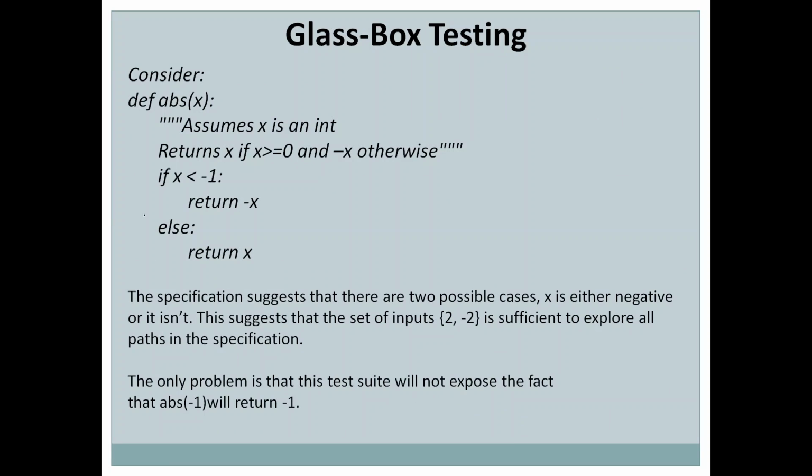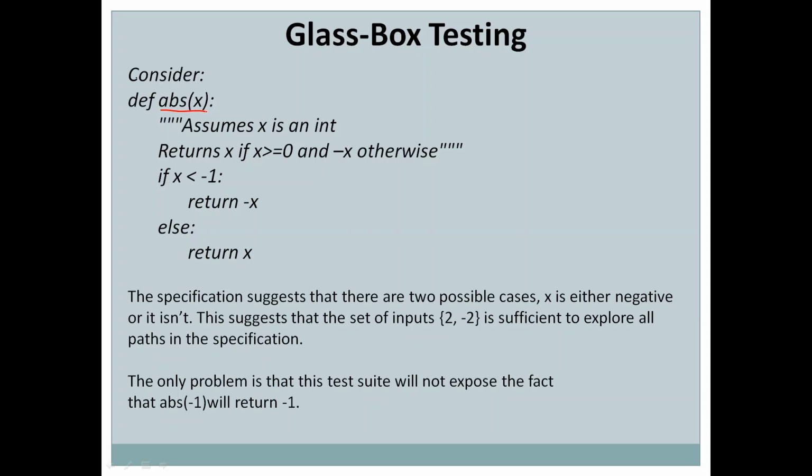Consider this example where we have a function, that is the ABS function. So def ABS, and this function is taking one argument x. As you know about the ABS function, the absolute function, it simply returns a positive value.